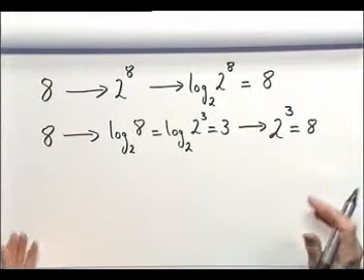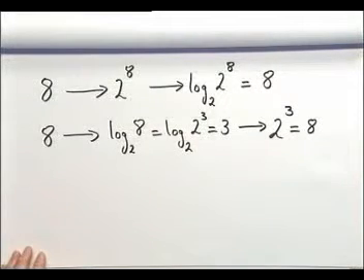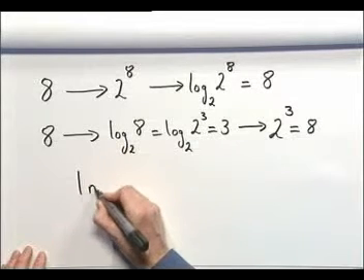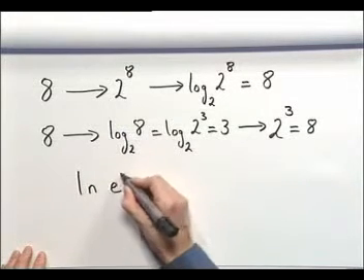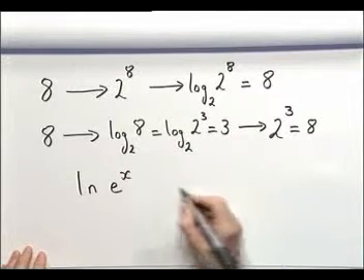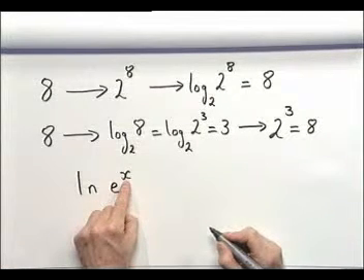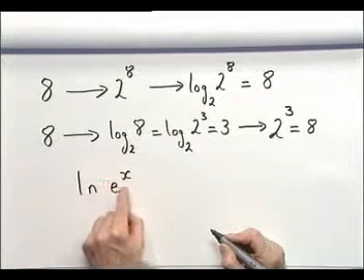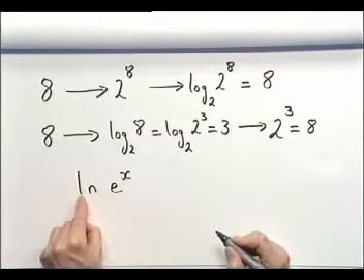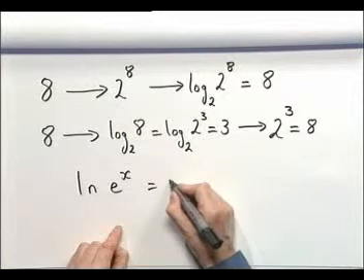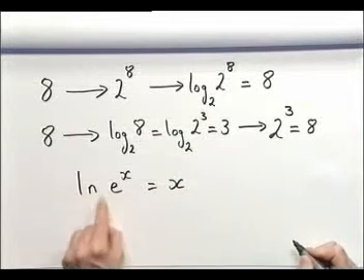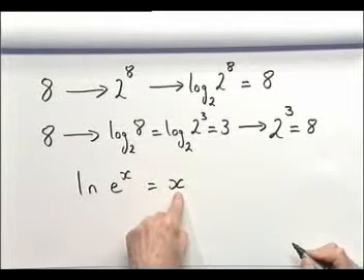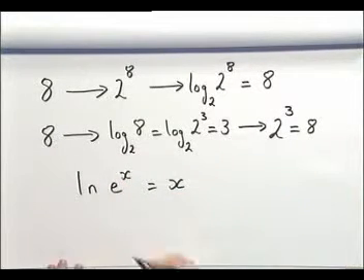So in terms of our standard bases, what does that mean? Well, it means that the natural log of e to the x, here I've taken x as a power and I've raised the base e to that power x, and then I've taken the log. The log undoes what I did with the x and leaves me with x again.